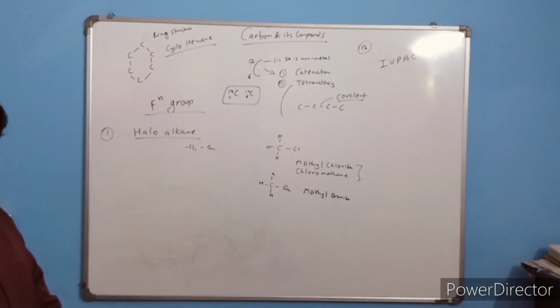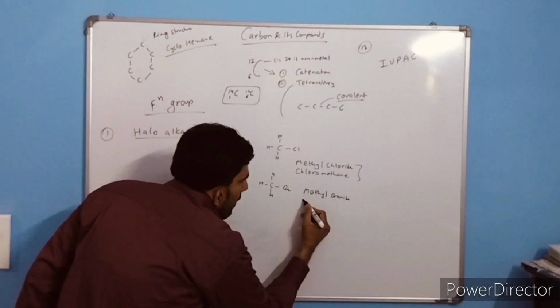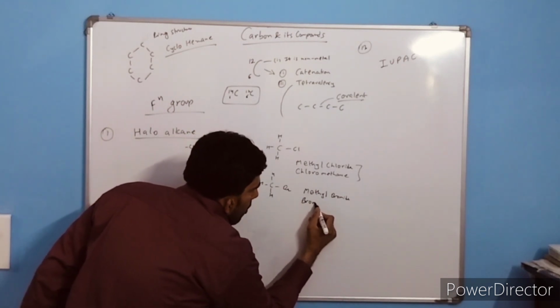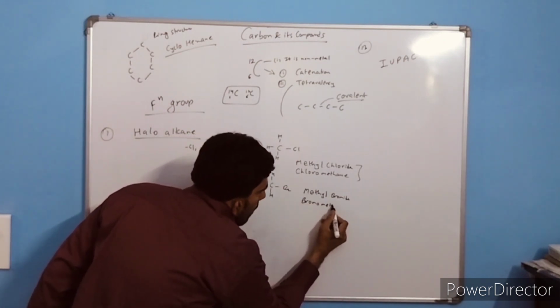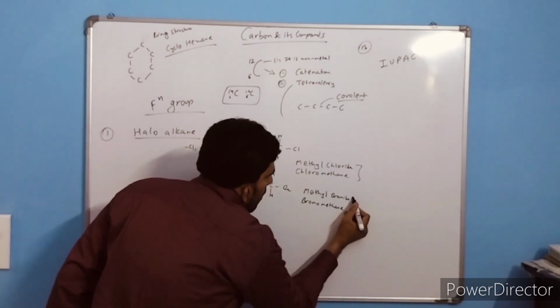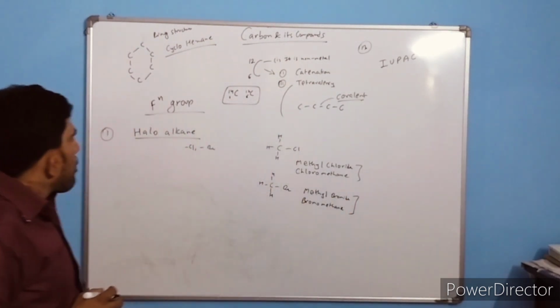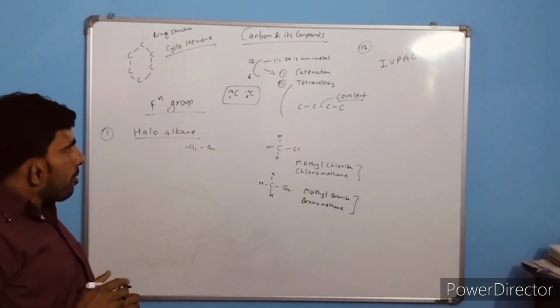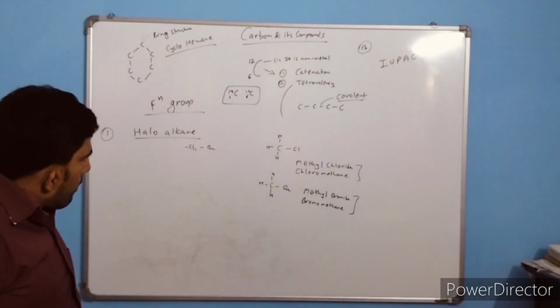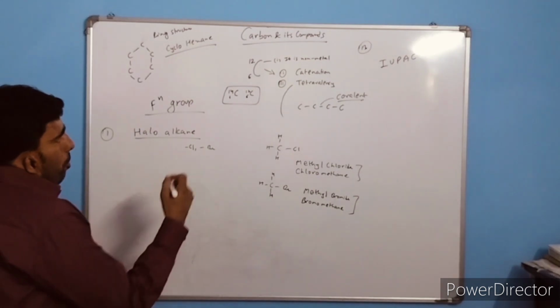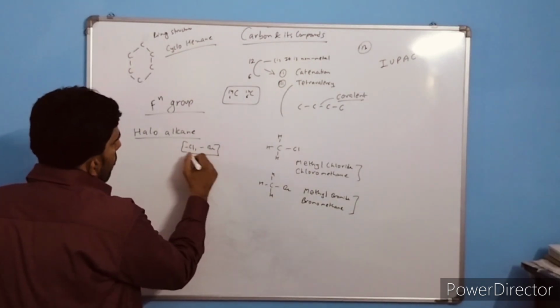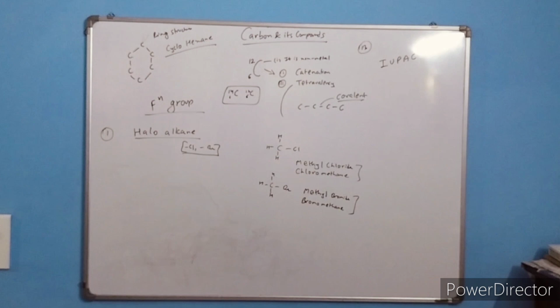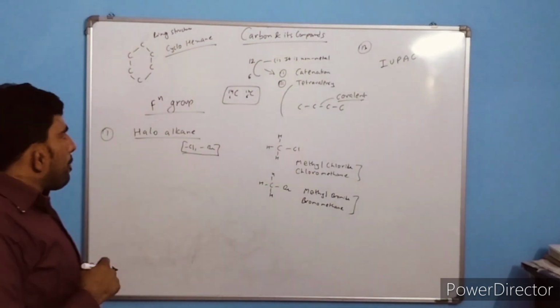Methyl bromide or bromomethane. So these two are haloalkanes. They have given only two, chloro and bromo, so no need to worry. Very easy to remember.